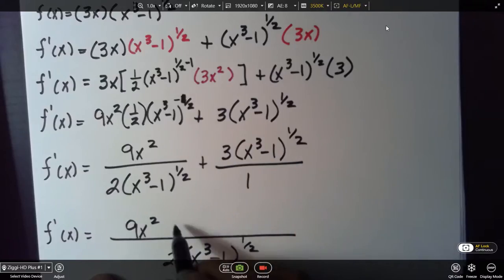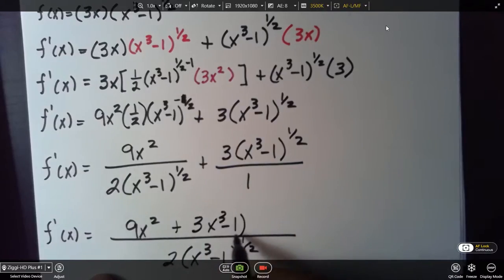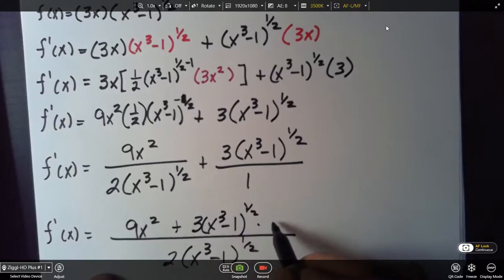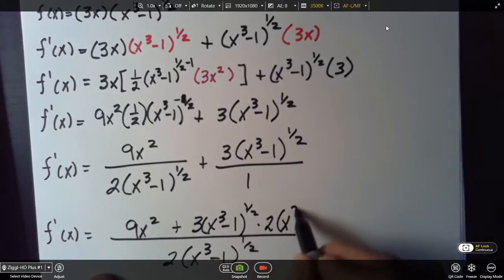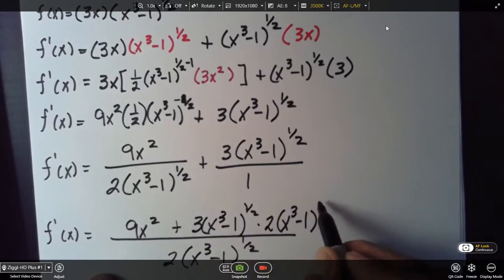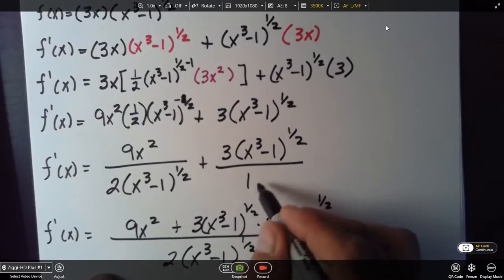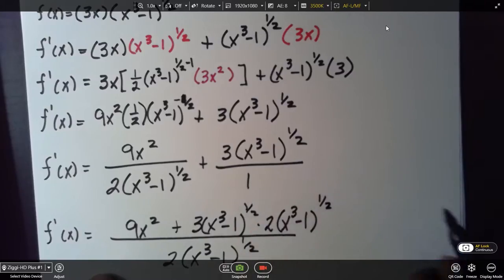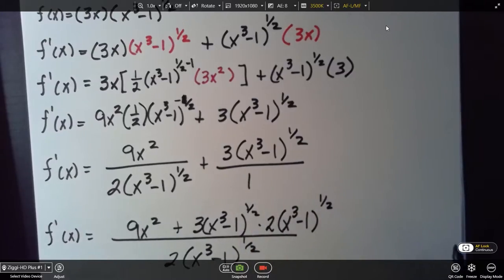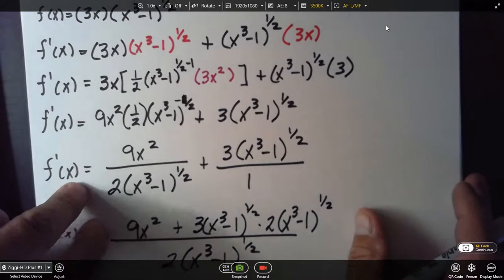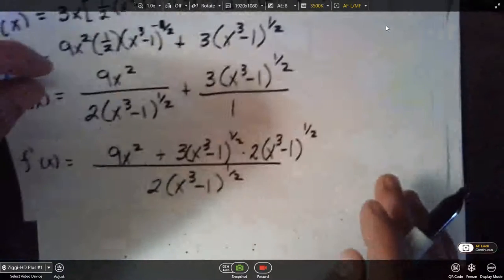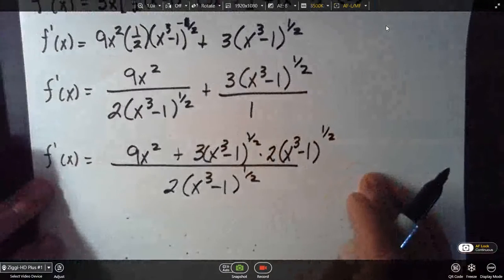So that's going to be plus 3 times (x cubed minus 1) to the 1/2 times 2 times (x cubed minus 1) to the 1/2, because there's no denominator here, so you've got to multiply it basically by the whole thing. And I don't want to run out of room. I'll just do it right here on this blank sheet down here.